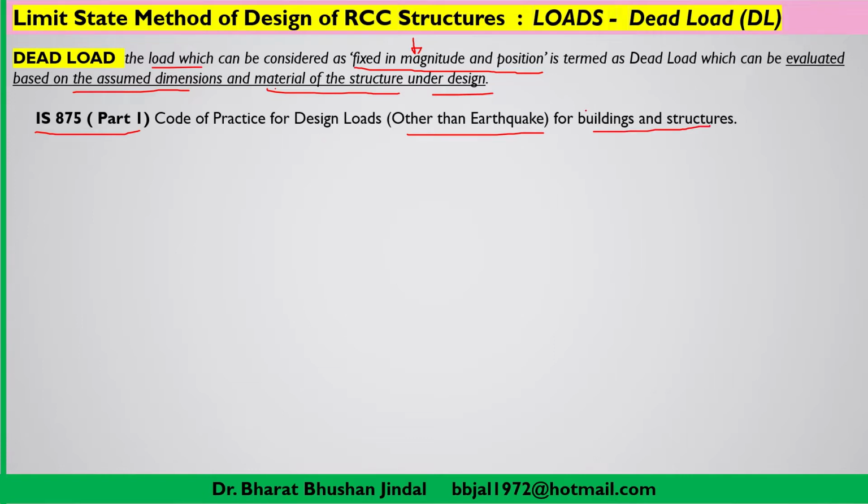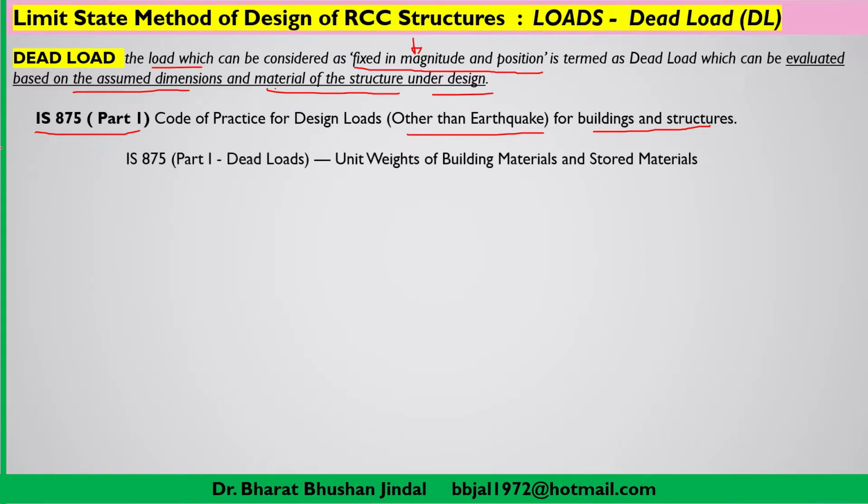So if you are designing any building or structure and you are not considering the earthquake load, that means the building is not in an earthquake zone where earthquakes occur frequently, you can refer for your calculations to the guideline in IS 875 part 1. IS 875 part 1 is for dead load, and you can collect the information regarding unit weight of building material and stored material.